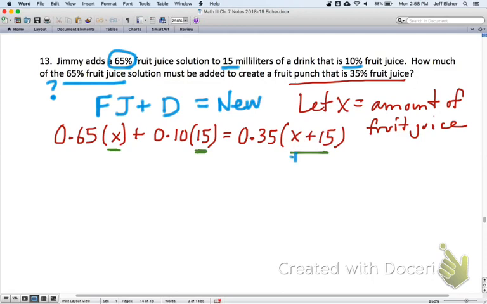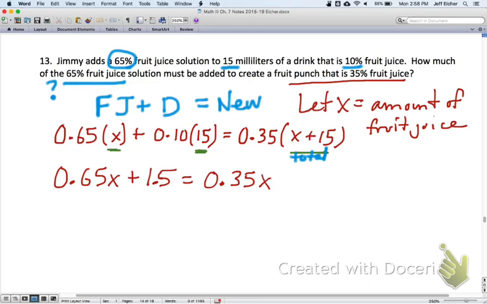So on this side we have our totals, our total amount of both drinks. And then at that point you can solve. From that point we would solve, and we would get 0.65x plus 1.5 equals 0.35x plus, I believe it is 5.25.